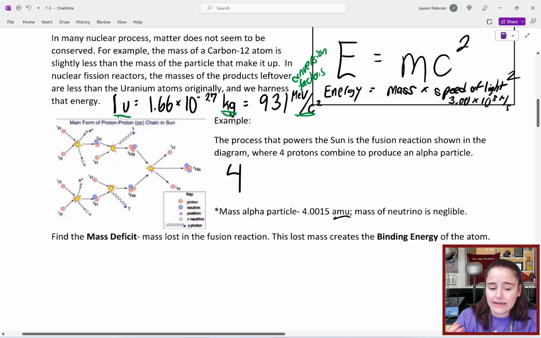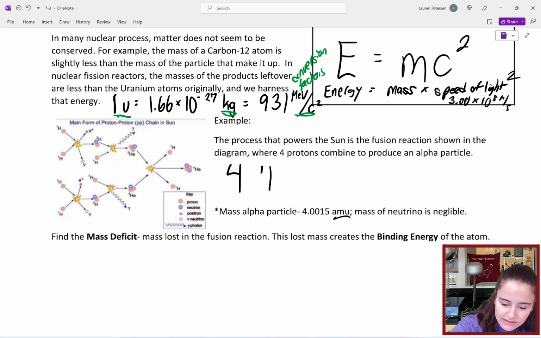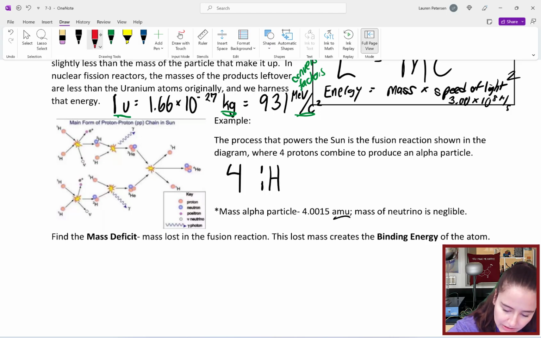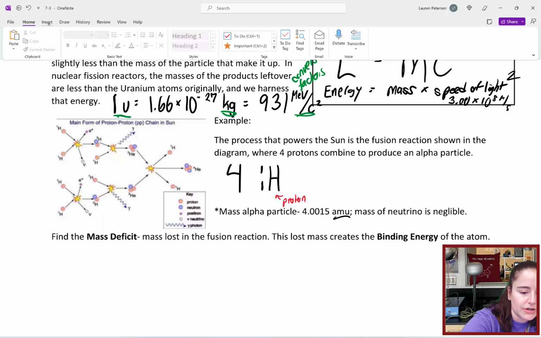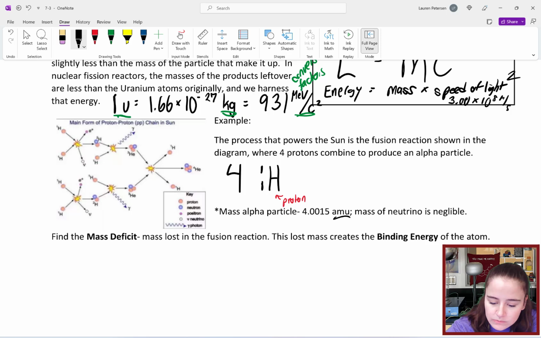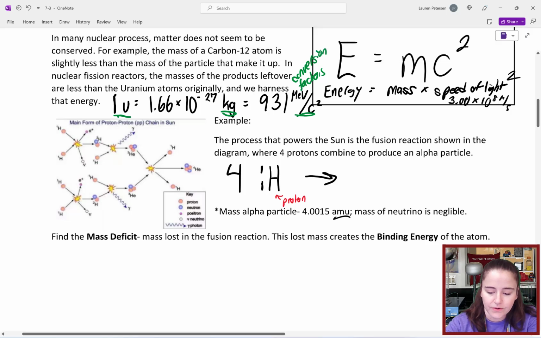A proton is typically written as just a hydrogen atom with a mass of 1, that is just a proton. So label that, aka proton. And then it is going to turn into an alpha particle, which is a 4-2 helium.